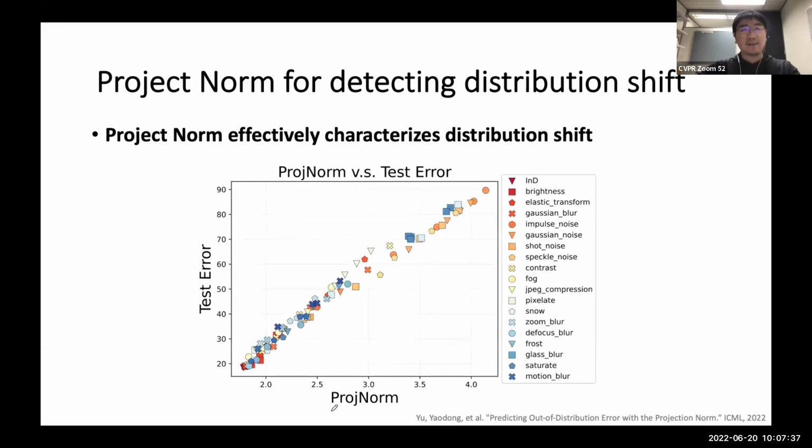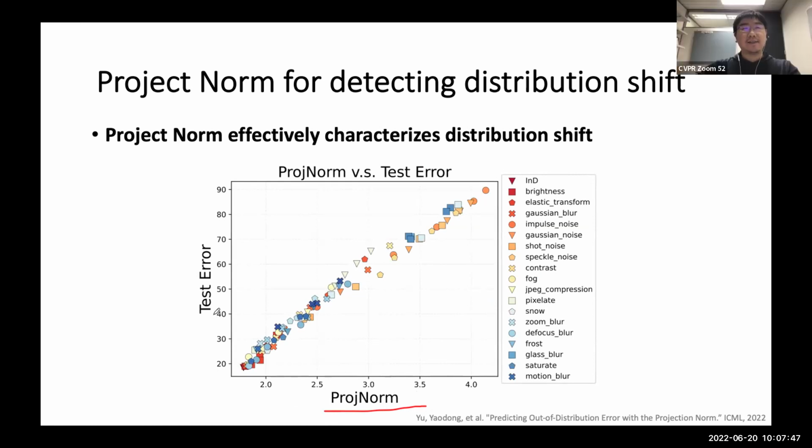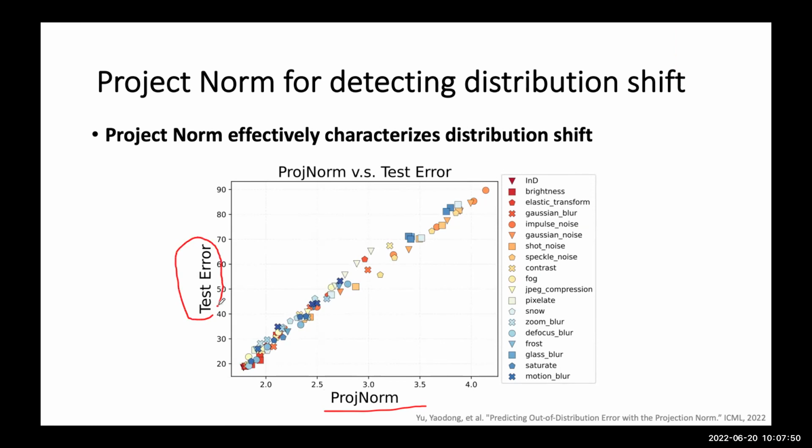So basically on the x-axis is the L2 difference of the weights of the two models. And the y-axis is the test error on the out-of-distribution data.